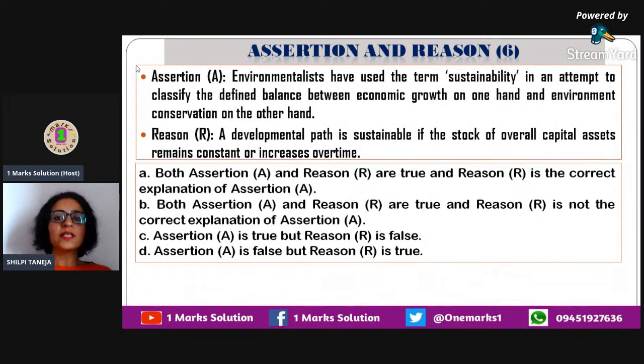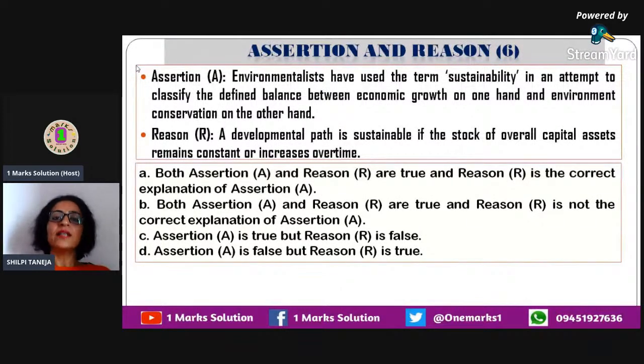Next question says, environmentalists have used the term sustainability in an attempt to clarify the defined balance between economic growth on one hand and environment conservation on the other hand. Environmentalists, why are they using the word sustainability? Because they are talking about the economy, they are talking about the resources.